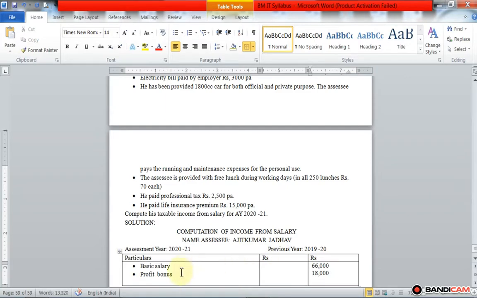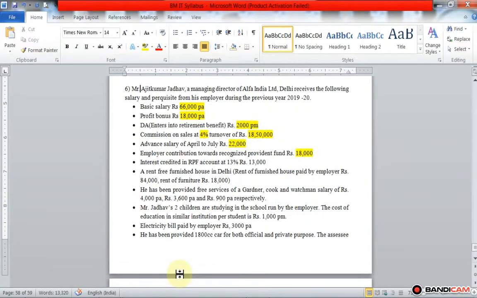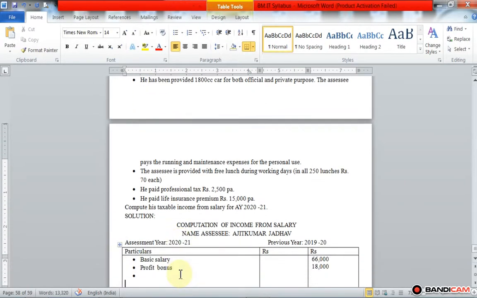Then next is DA, which enters into retirement benefit. DA is 2,000 per month, so 2,000 multiplied by 12 is equal to 24,000.